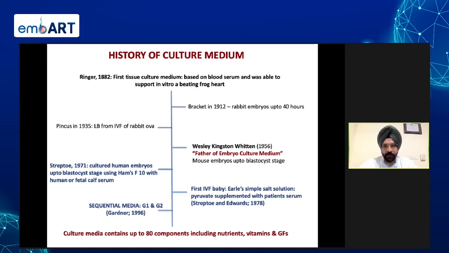The first IVF baby was born in Earle's simple salt solution. Then in 1996, the landmark sequential media was developed by David Gardner and his colleagues. There is a lot of controversy between sequential and single step, but we'll not touch upon those controversies, and just cover everything briefly because time is limited.